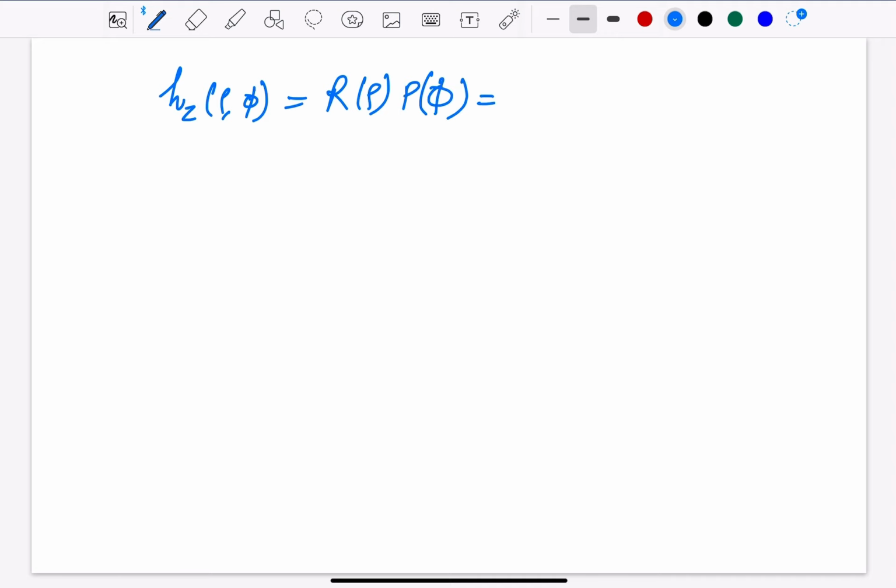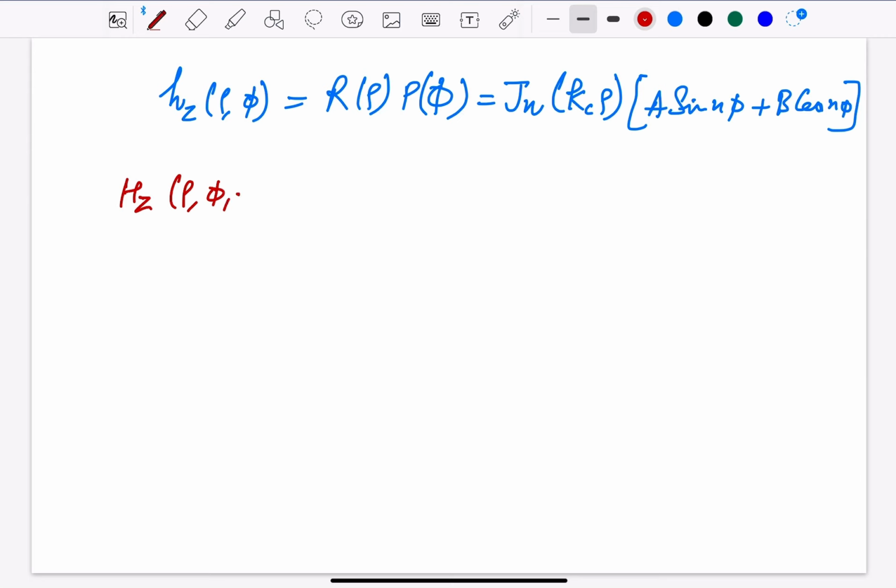Now the moment you multiply, this is Jn of kc rho and A sin n phi plus B cos n phi.